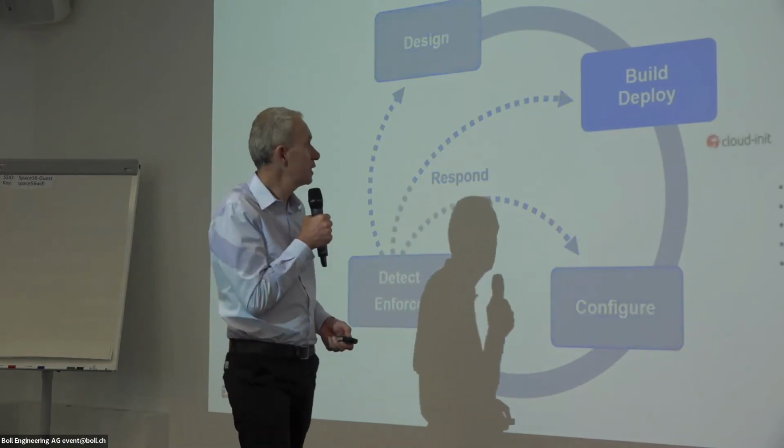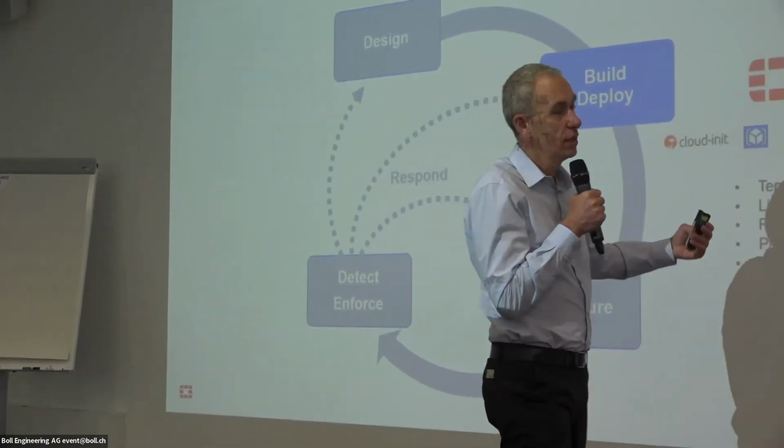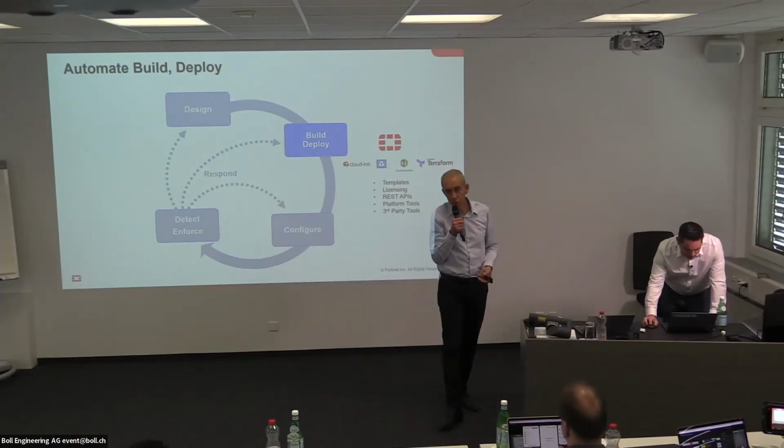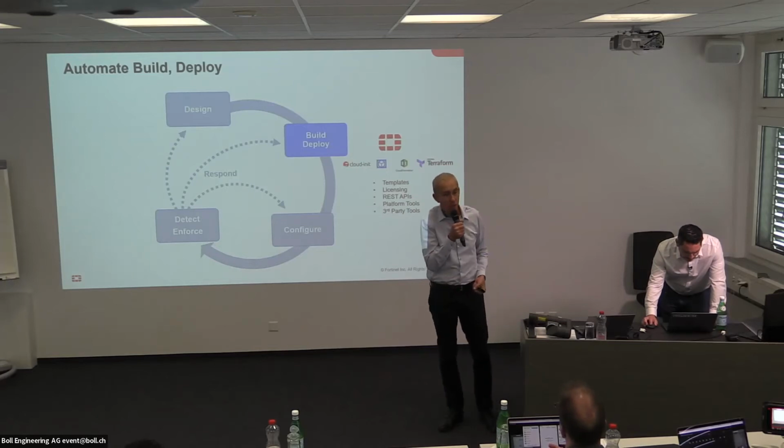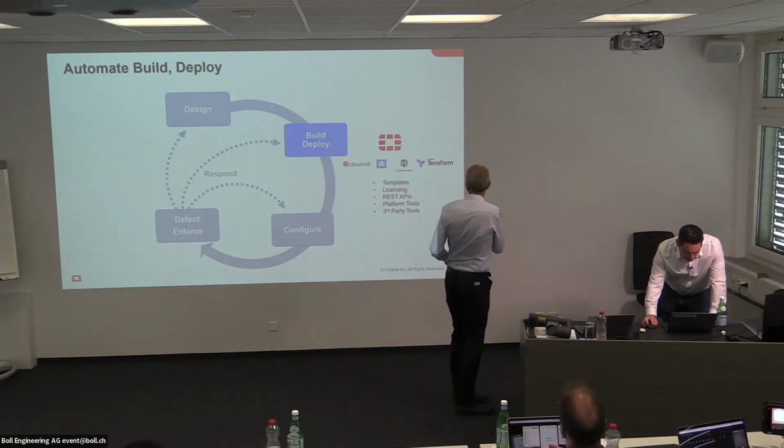So the first thing here is obviously the templates. Yeah, you can deploy FortiWeb VM by a click of a mouse from Terraform, from ARM templates in Azure, from CloudFormation templates into AWS.